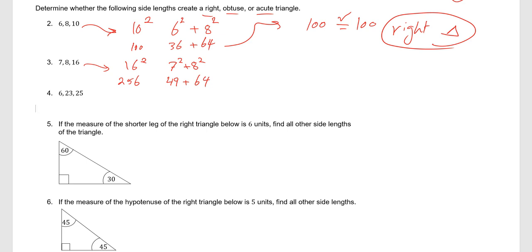So 256, and then 49 plus 64 is 113. So since c squared is greater than a squared plus b squared, this is an obtuse triangle.